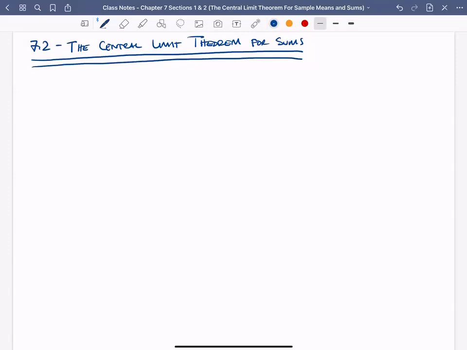And I'm just going to go ahead and write this first. We'll say this. We say that the sum of x is normally distributed. And we'll say n, so the sample size, times mu sub x. That's our mean now. And then we have the square root of n times sigma sub x.